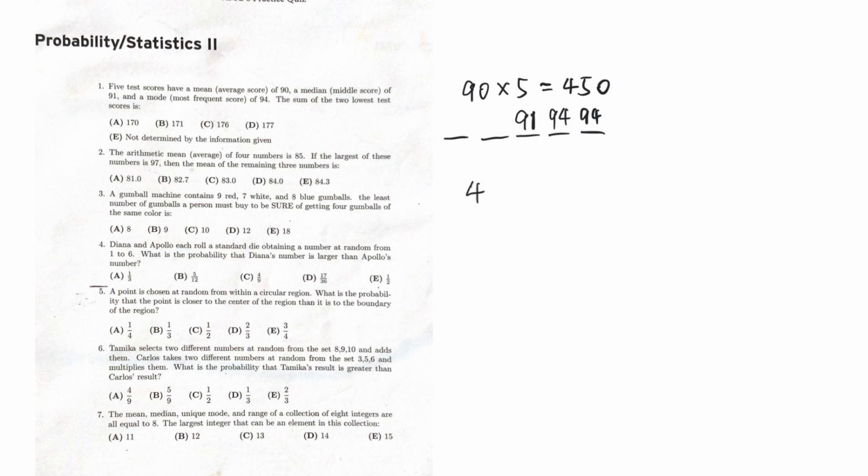So we use 450 minus 94 times 2 minus 91. So the answer is 171. The answer is B.